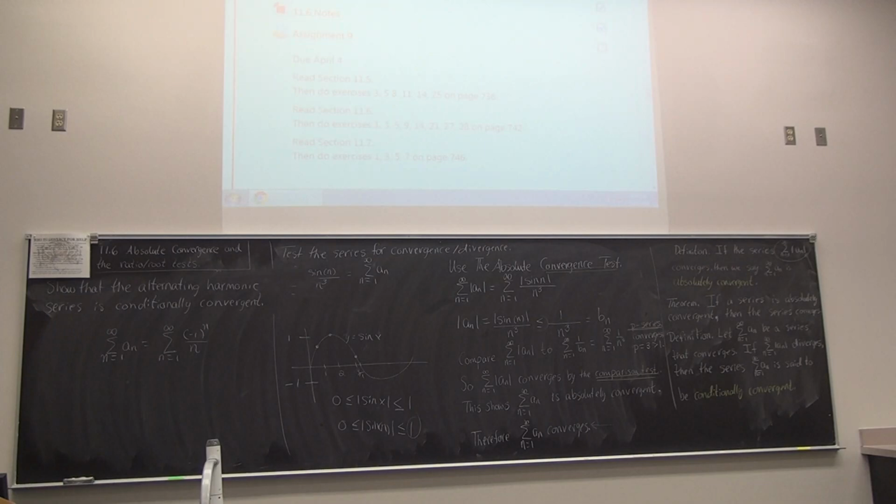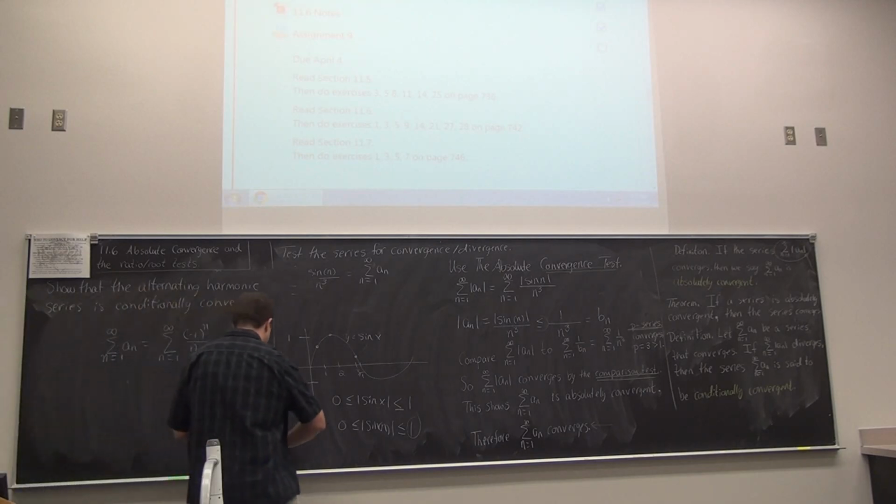And in our definition for conditional convergence, we have to first show that it's not absolutely convergent. In other words, if we throw an absolute value in the nth term, we need to show that that diverges. So that's our step 1.